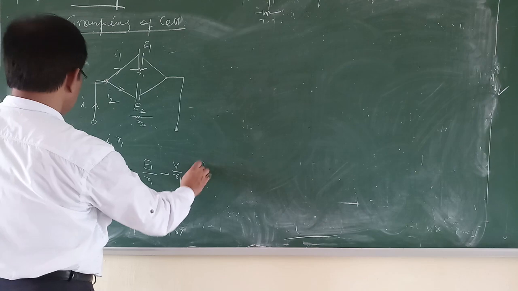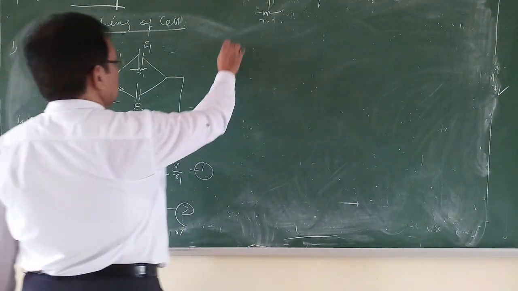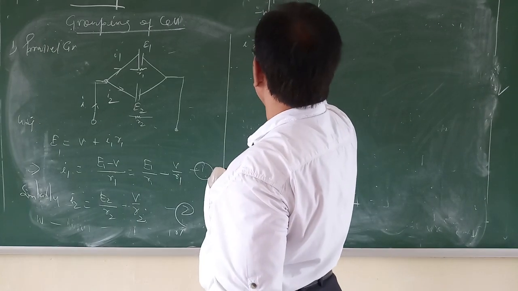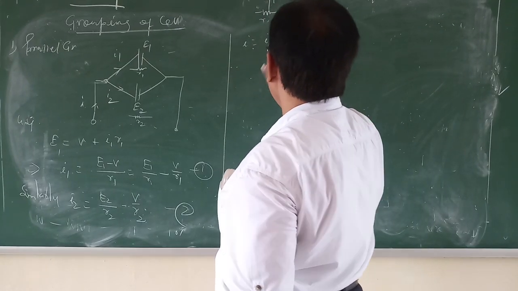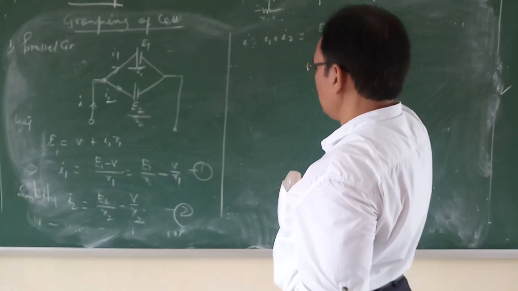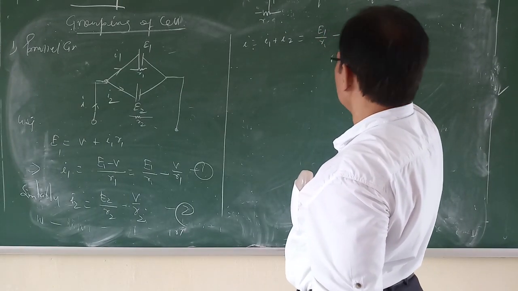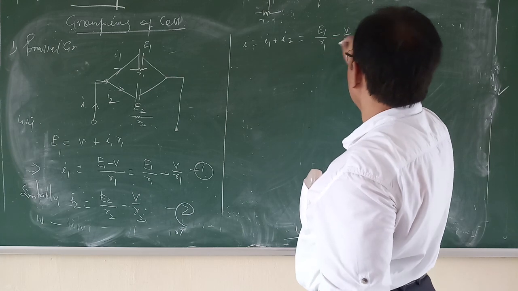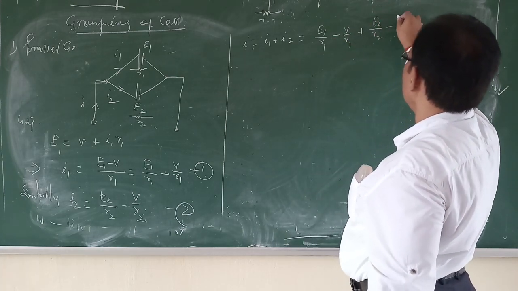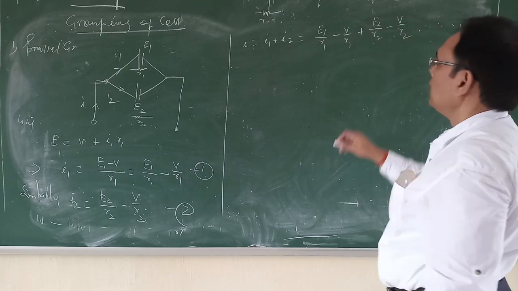This is equation 1 and this is equation 2. Now I equals I1 plus I2, which is E1 by R1 minus V by R1 plus E2 by R2 minus V by R2.